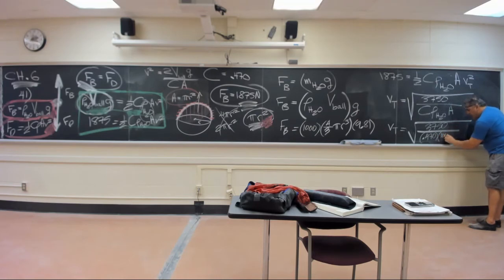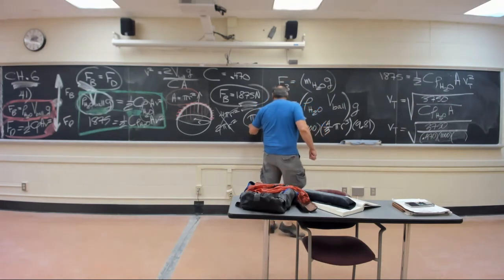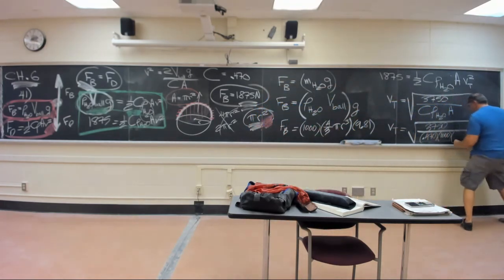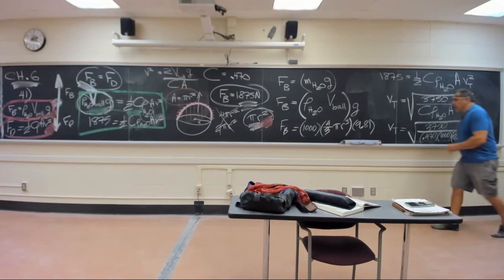The rho H2O is 1,000. A is pi r squared. R is 0.3573 meters. Make sure all the units are in agreement. You can bypass units, guys, if the units are in agreement. Squared. It's a little bit of a mess, but okay.